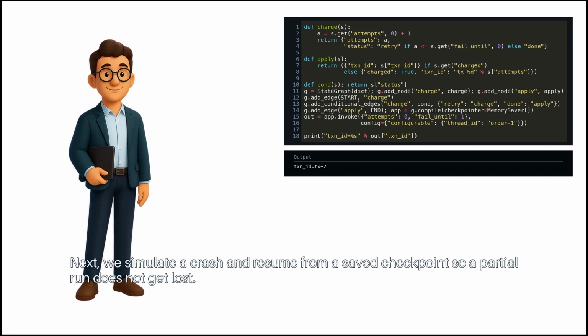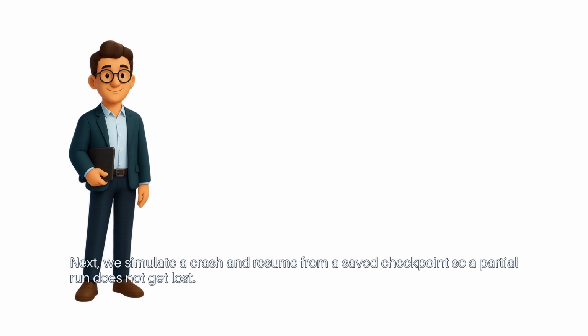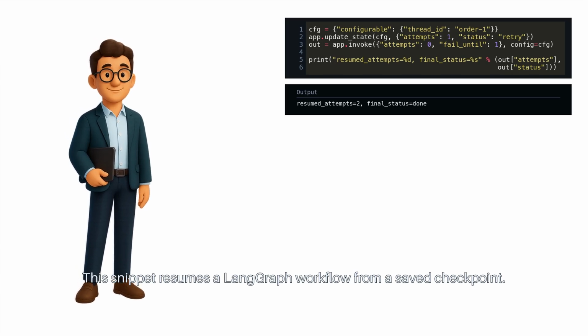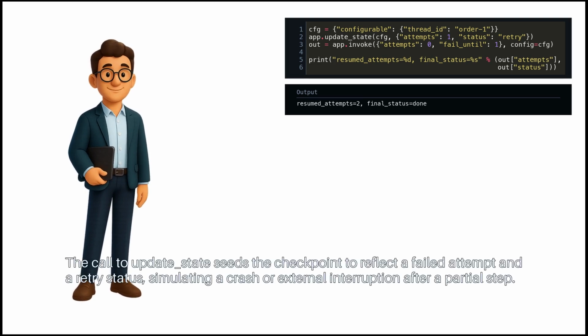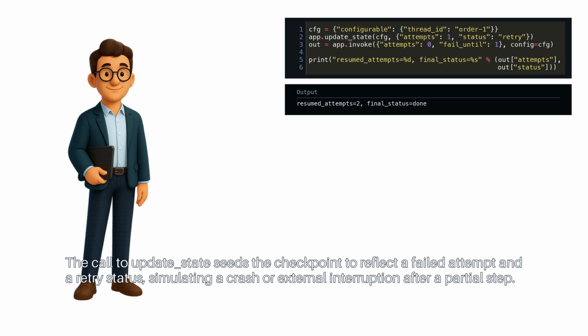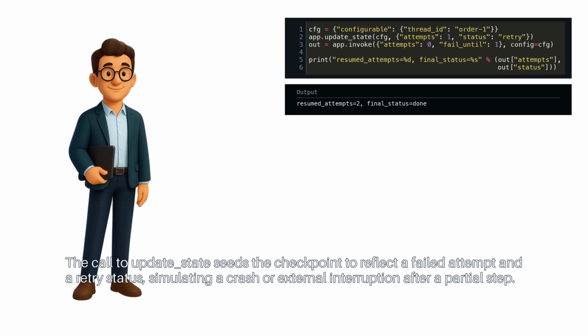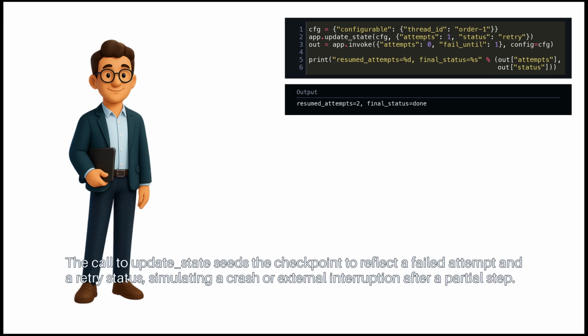Next, we simulate a crash and resume from a saved checkpoint, so a partial run does not get lost. This snippet resumes a LangGraph workflow from a saved checkpoint. The cfg variable sets a thread ID so memory saver can find the right state. The call to update_state seeds the checkpoint to reflect a failed attempt and a retry status, simulating a crash or external interruption after a partial step.